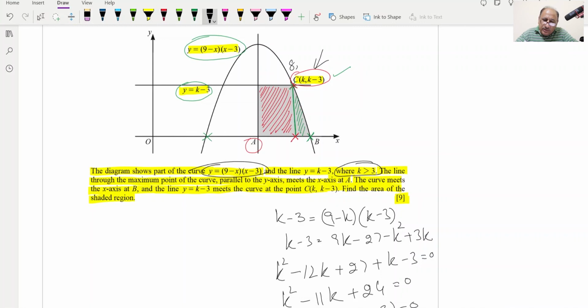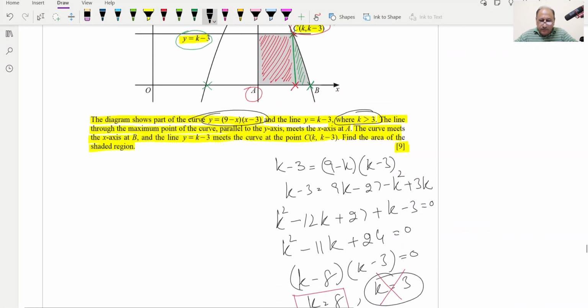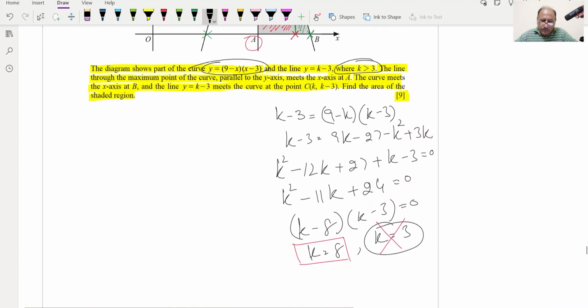This will be 8, and if we replace in y is equal to 9 minus x times x minus 3, the x value is 8, so 9 minus 8 and 8 minus 3, this will be equal to 1 into 5, so it will be 5.